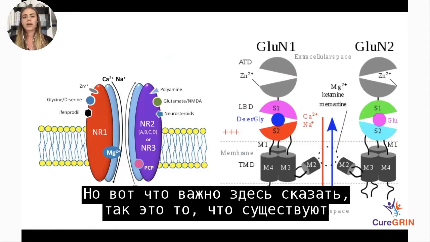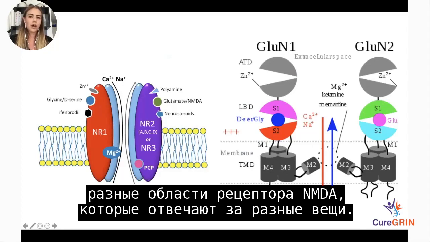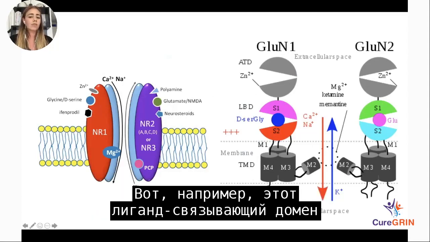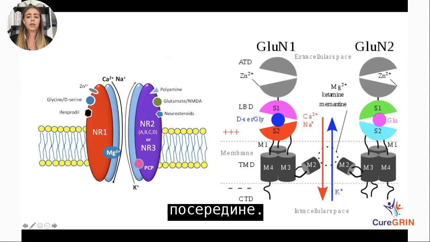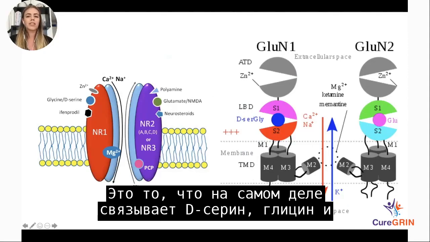It gets really complicated. But what is important to talk about here is that there are different regions of the NMDA receptor that are responsible for different things. So, for example, this ligand binding domain in the middle here, that's what actually binds the D-serine and the glycine and the glutamate.